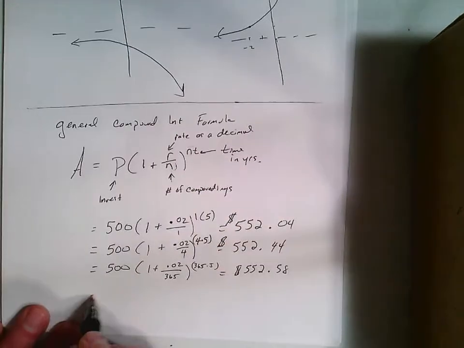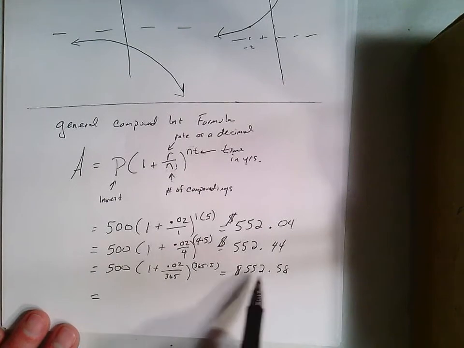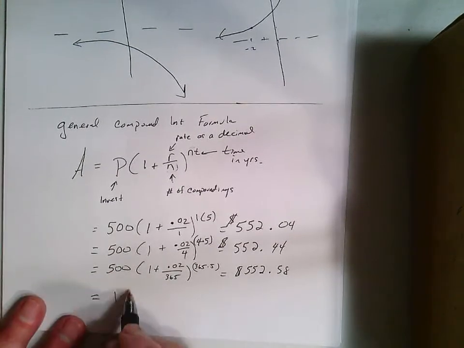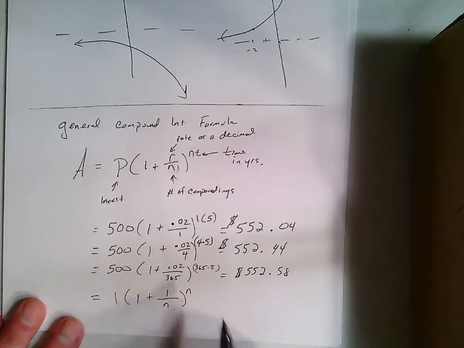Well, if we're going to figure out whether there's a specific value we're approaching, we have to remove all these things that we've thrown in, like the 500. So I'm going to invest $1. I don't want to affect it in any way. And I'm going to get the highest interest rate I possibly can, which would be 100%, right? And then I'm going to just look at this over 1 year.